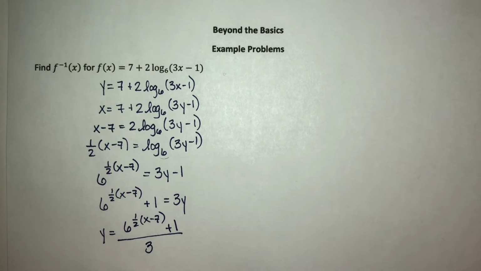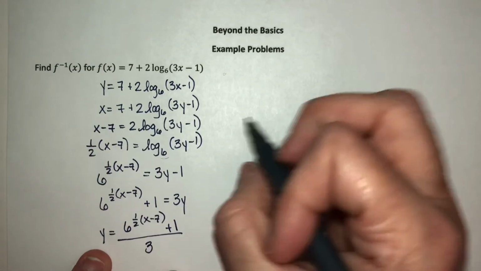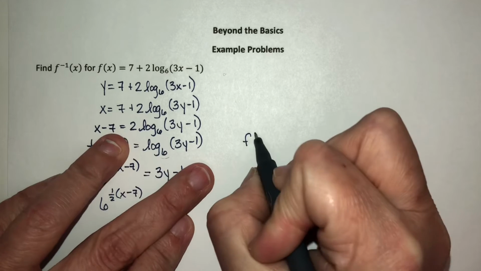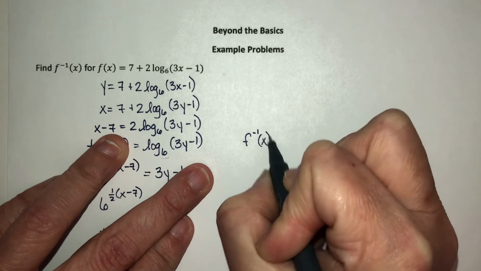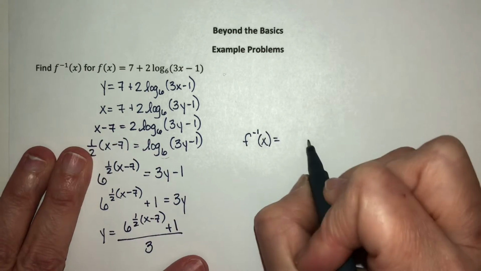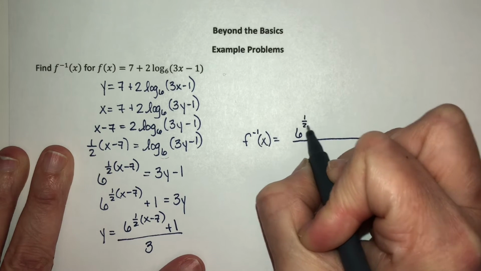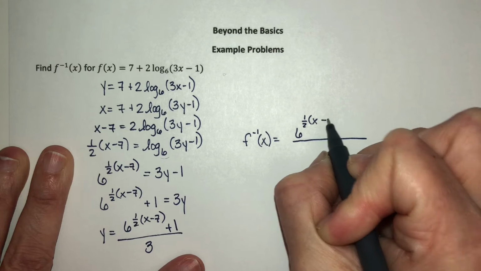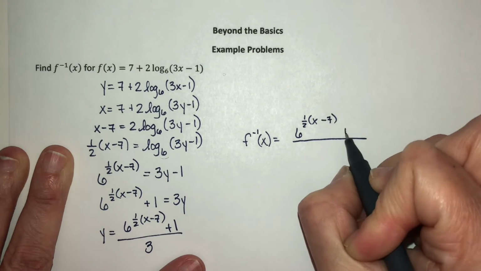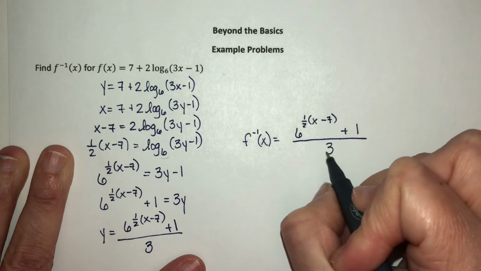It's kind of ugly, but we've got it solved for y now. Our very last step is to change this y into f inverse of x. So your answer, 6 to the 1/2 times x minus 7 plus 1 over 3.